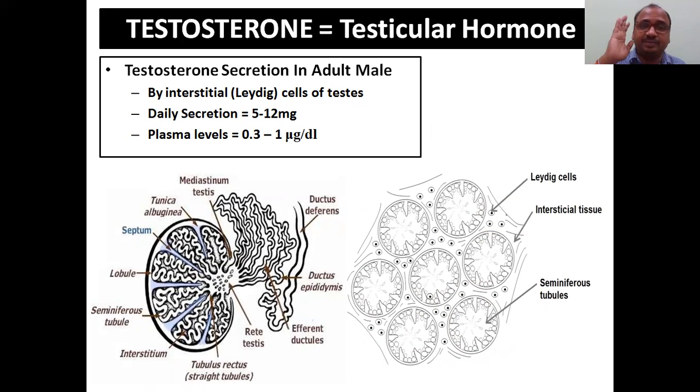Leydig cells are very, very important. Dig the earth, like that you can remember Leydig. Daily secretion is 5 to 12 milligrams. Plasma level of testosterone is 0.3 to 1 microgram per deciliter.